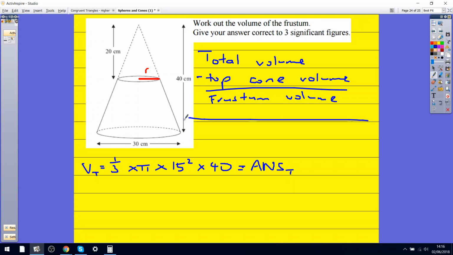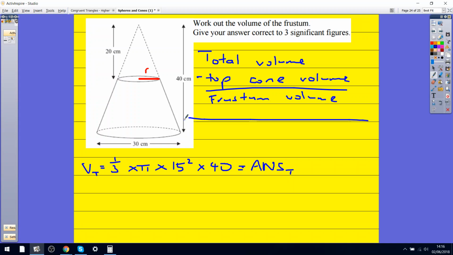What's the relationship between the height of the total cone and the height of the top cone? No, just the relationship between the two heights. Total cone and top cone.